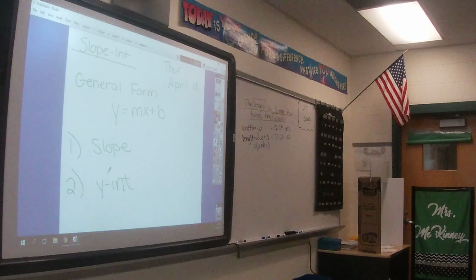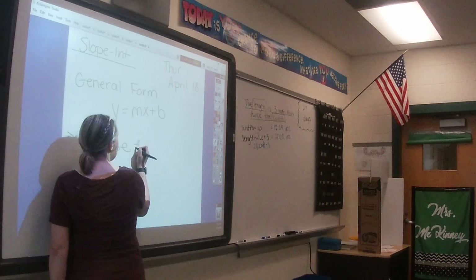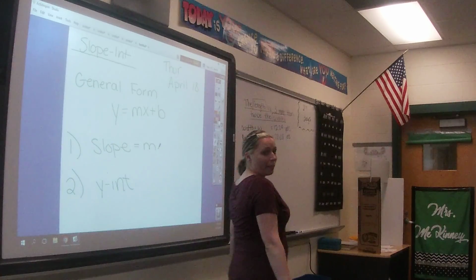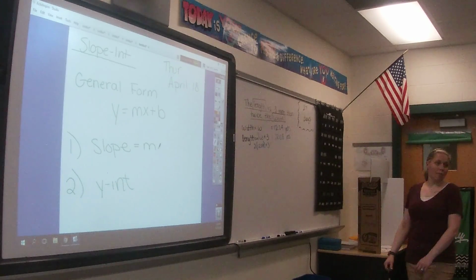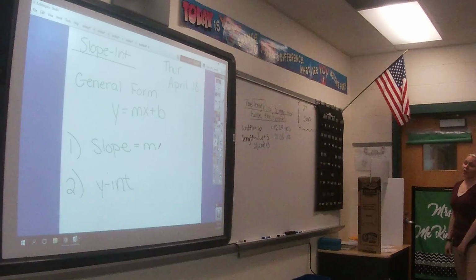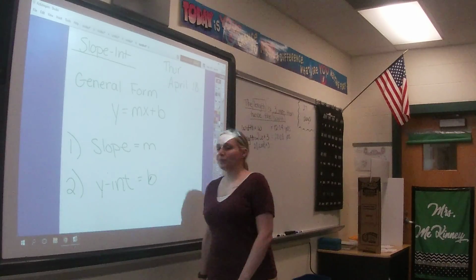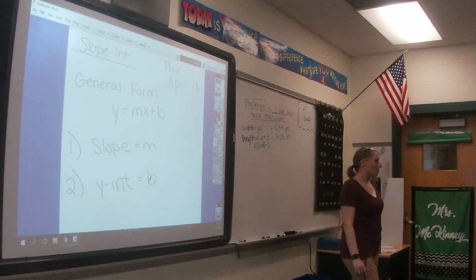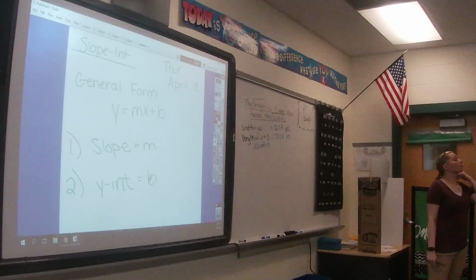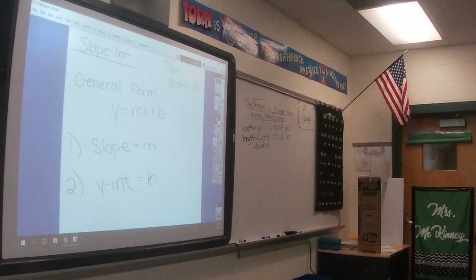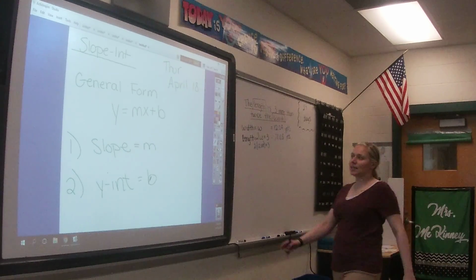We have already learned that the letter for slope is m. The letter that we use for the y-intercept is b. So if we look in this general form, we'll see that we actually have the letters m and b sitting in it.